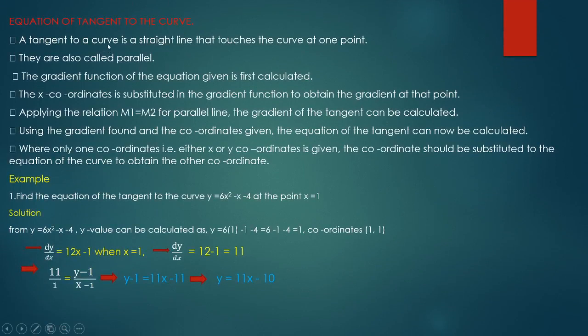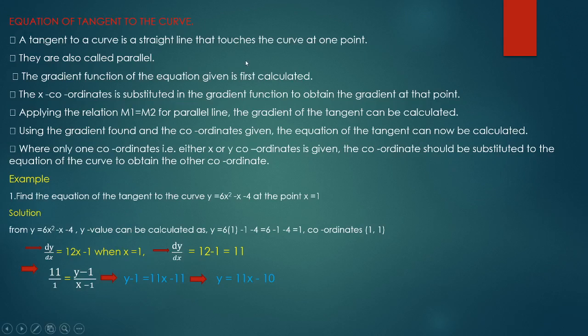Now let's talk about the equation of a tangent to the curve. To find the equation of a tangent to a curve, we first of all need to know that a tangent to a curve is a straight line that touches the curve at one point. Now it can also be called a parallel.